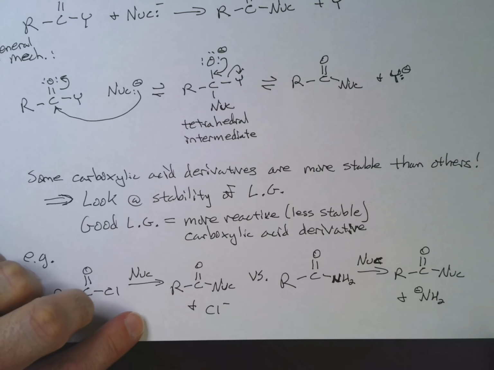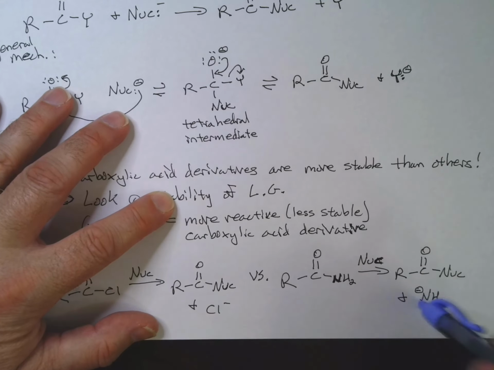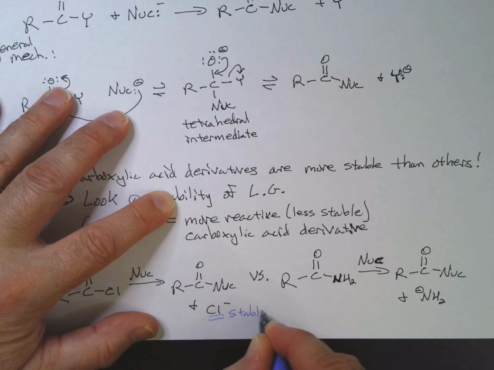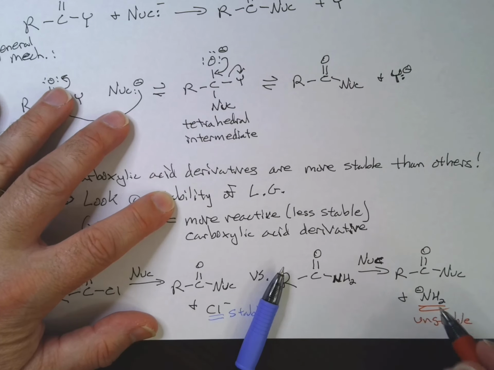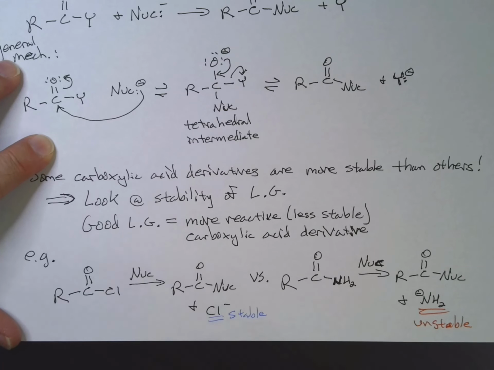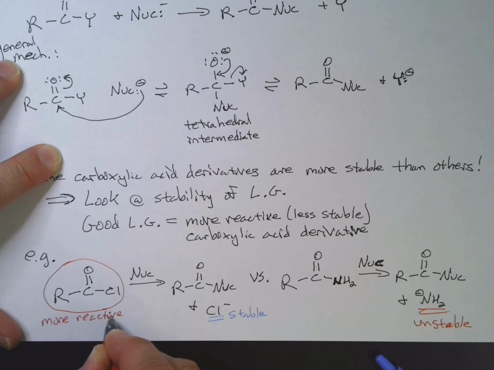So in the scheme of things, this guy here is stable, and then this guy over here is unstable. It's a strong base. Okay, NH2 minus is a very strong base. So because the Cl minus is more stable, our acid chloride is more reactive or less stable.